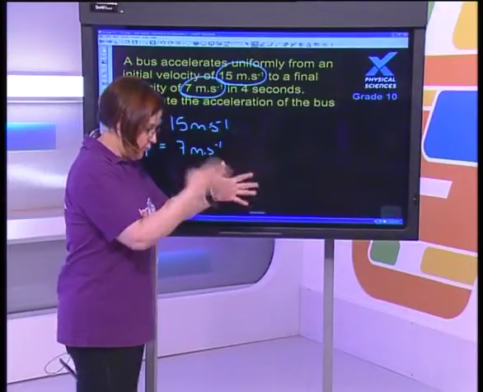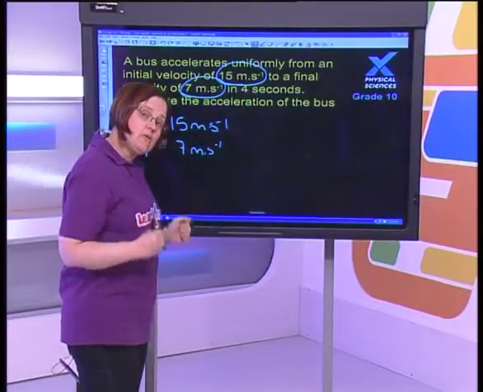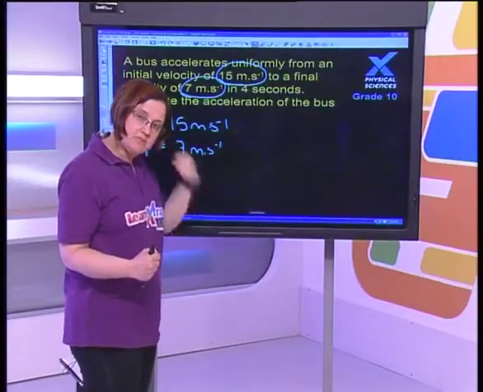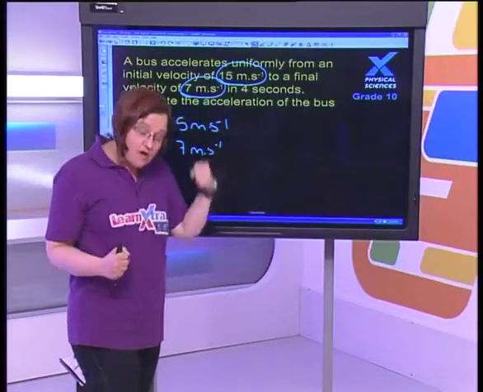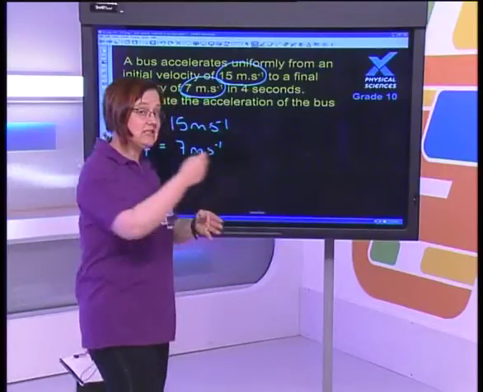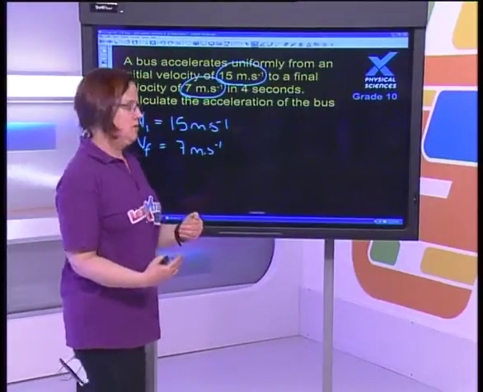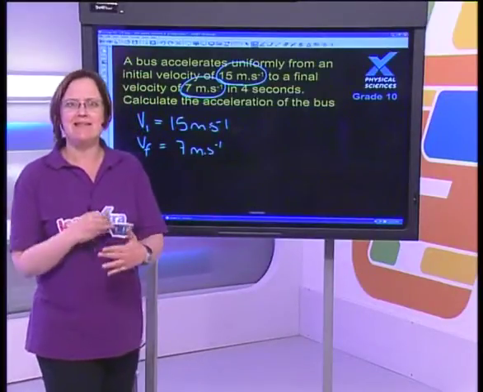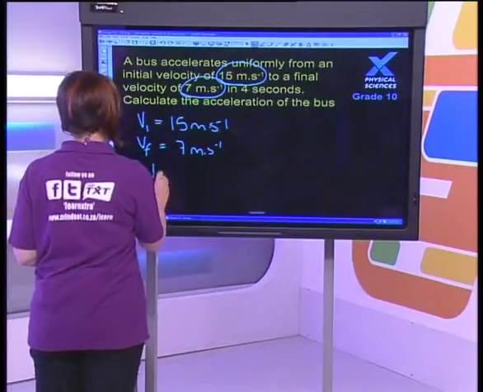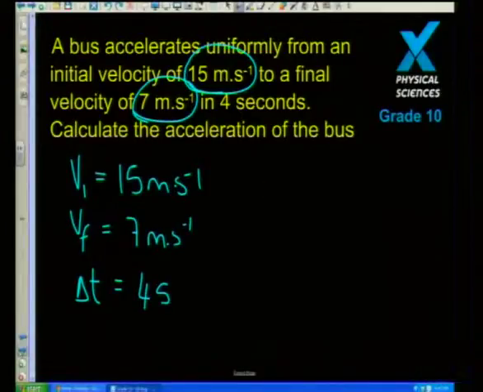So if the bus is going forward, that's my positive direction. The bus is slowing down, which means we have to apply a force in the opposite direction to which the bus is moving. We are going to get a negative acceleration. So the acceleration experienced opposes the way the bus is moving, because he's probably applied the brakes. Very important thing to have. Time is 4 seconds.